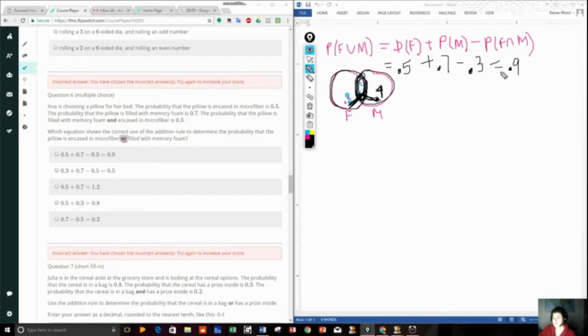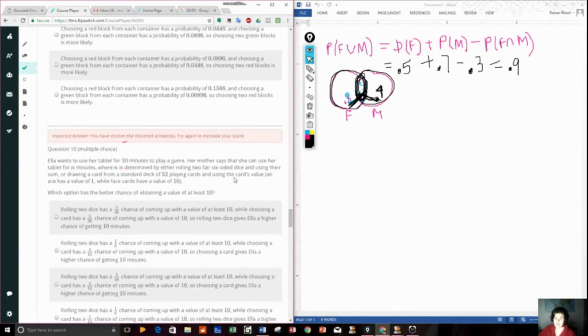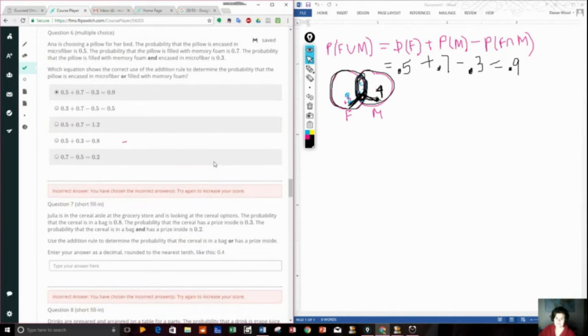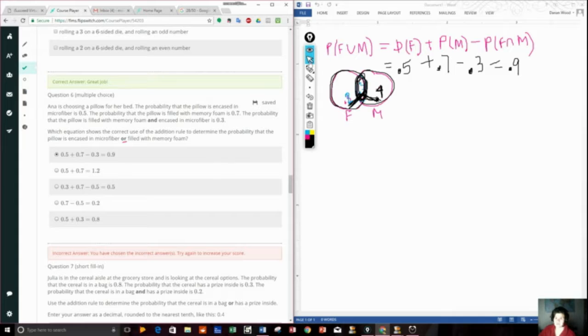And we can type that in our calculator. I just glanced at the equations and I saw, hey, I have 0.5 plus 0.7 minus 0.3. That is what I have written, which is correct, and it is going to equal 0.9. So let's check. Great job.